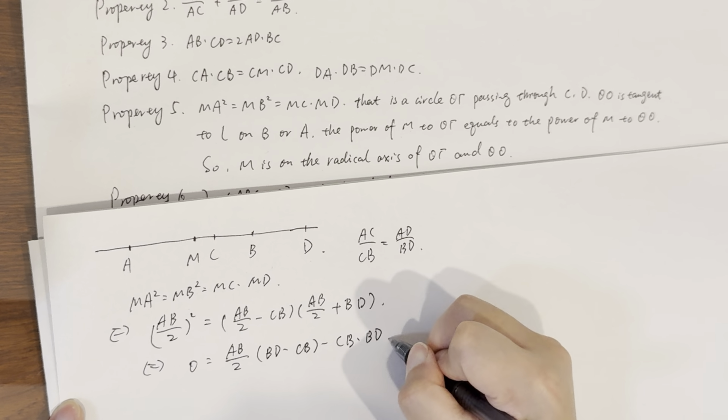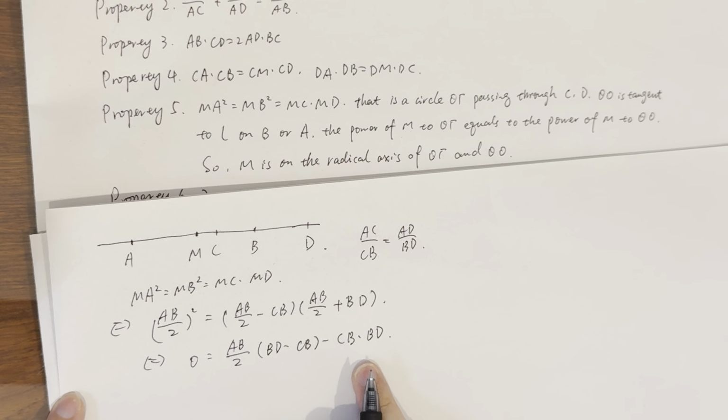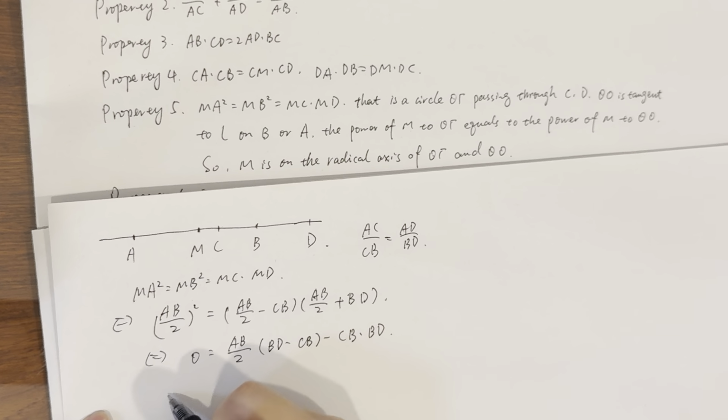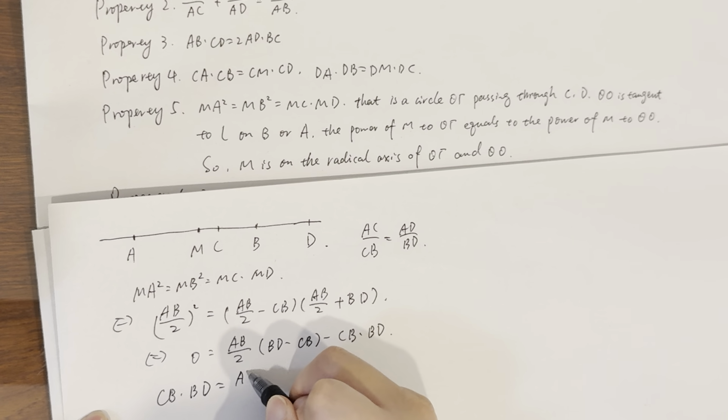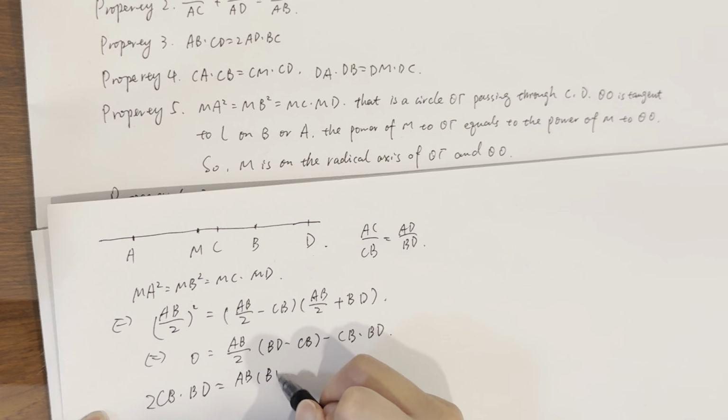Basically, we want to prove 0 equals AB by 2, BD minus CB, times BD minus CB. So we can shift this one to the left side. We want to prove that CB times BD equals AB over 2 times BD minus CB.